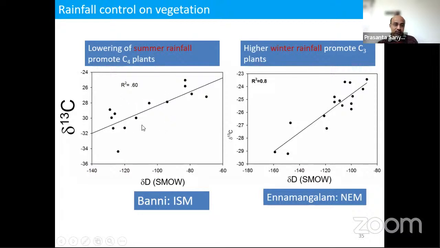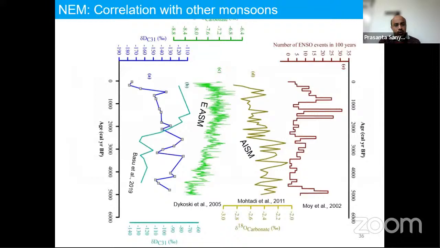They show good correlation, and the same is true for the southern Indian data. It shows a good correlation, which suggests that the winter rainfall favored a higher abundance of C3 plants.